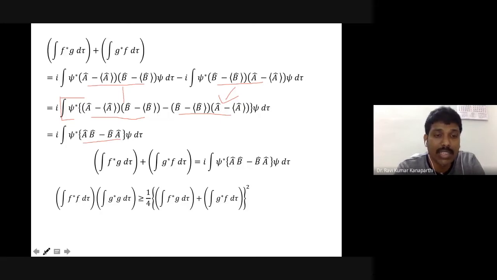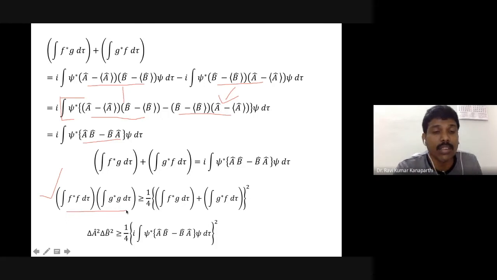The Schwarz inequality is this object, and please remember that the left hand side is nothing but ΔA squared times ΔB squared. This we have already evaluated, and it is greater than or equal to 1 over 4 times this summation, which is already evaluated.